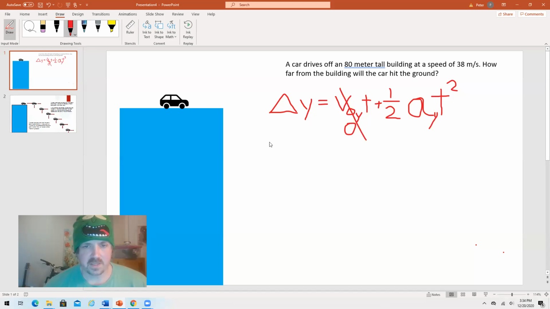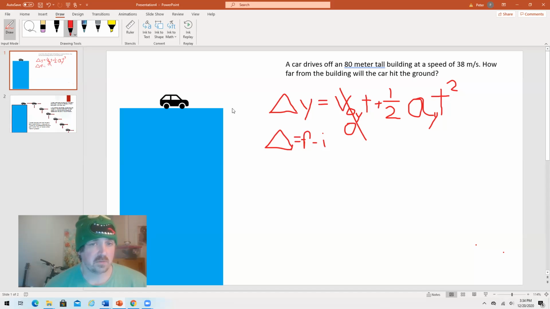Now the delta y, this Greek delta means change, and delta basically just means final minus initial. So this is going to be the final y position minus the initial y position.